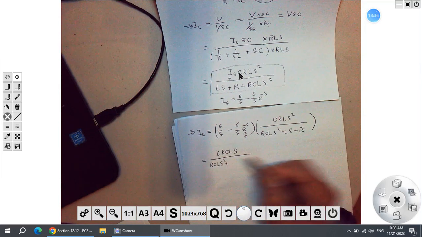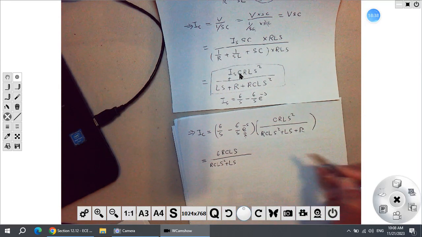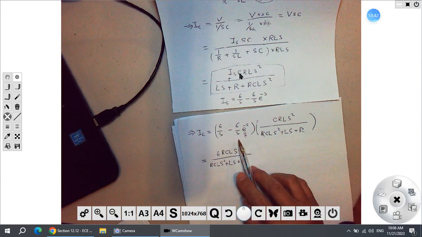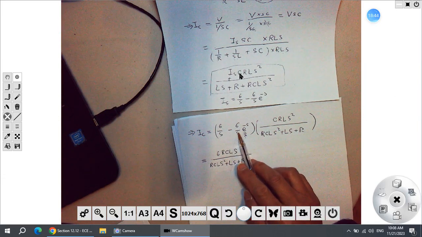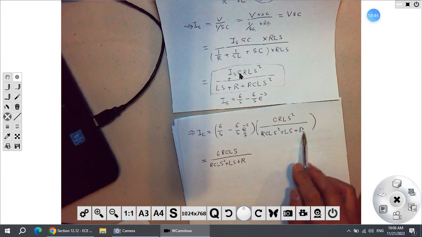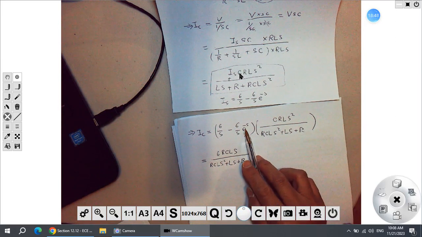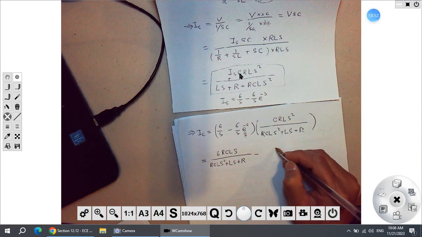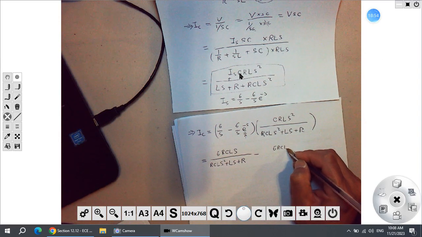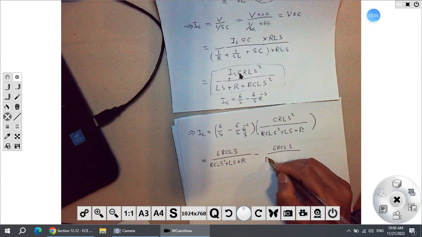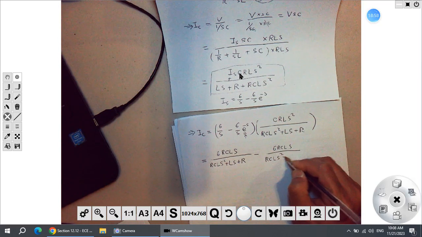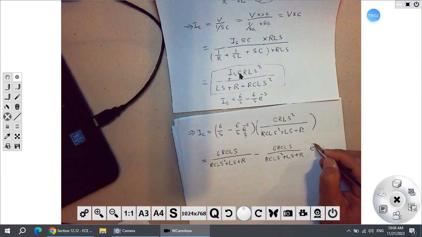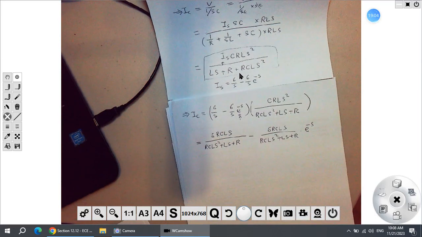The denominator has nothing change, LS plus R. This is the first term. For the second term, we still need the same 6 over s times this part, times e to negative s. It's the same, just with one more thing: 6 RCLS over RCLS squared plus LS plus R times e to the negative s. So we have these two parts.